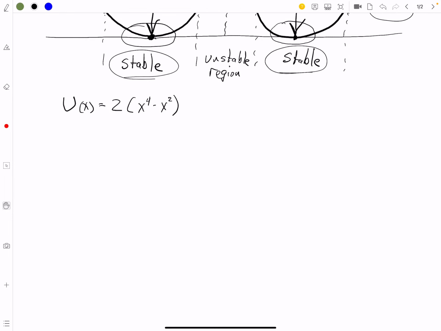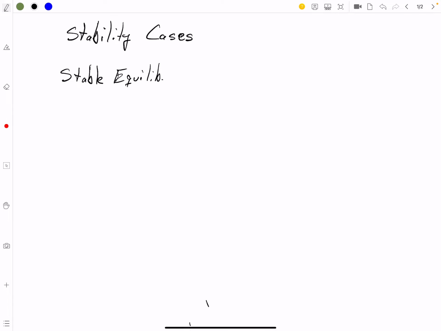So here we are with what we just looked at, stability. Stability cases. So, stable equilibrium. That looks something like this.